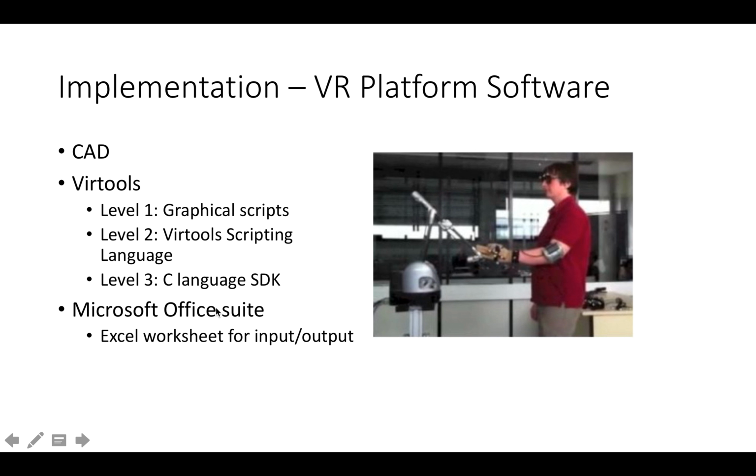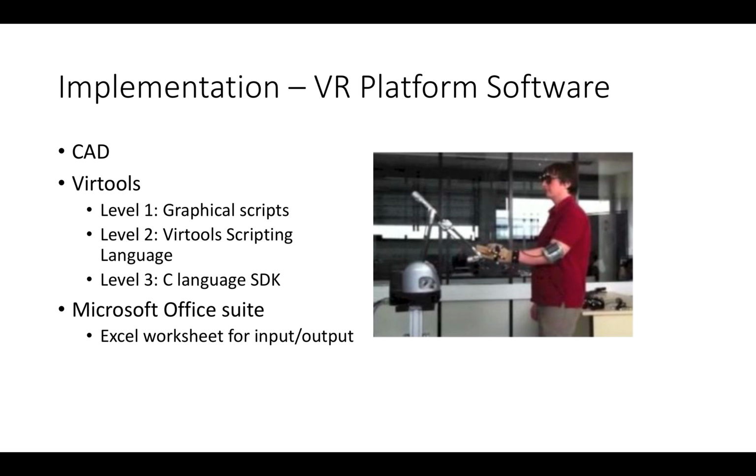Now coming to the software components, the virtual environments manipulated and explored are based on 3D CAD models generated with standard CAD tools. Modules have been implemented as scripts using the Virtuals environment for interactive simulations. 3 levels of development provided by Virtuals have been used.